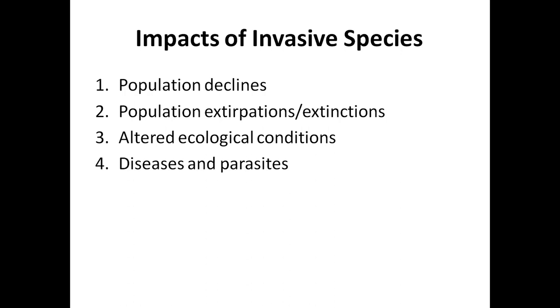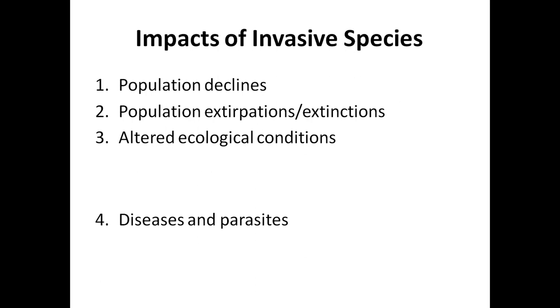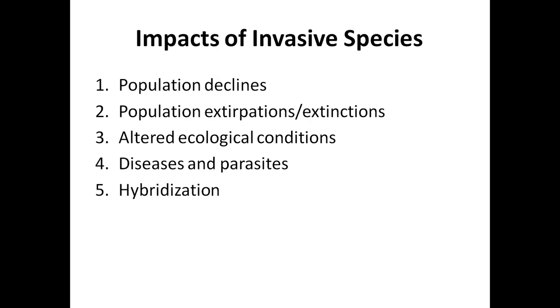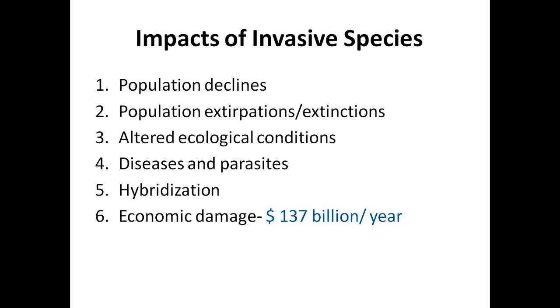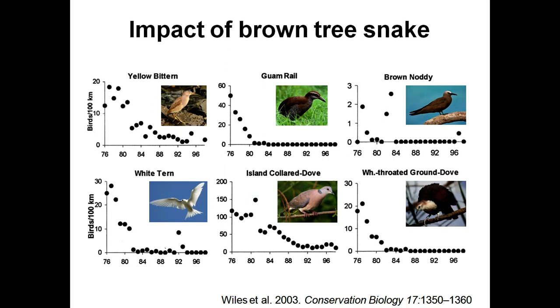In other cases they introduce diseases and parasites, and in some rare cases they interbreed with closely related native species and eventually replace the native through hybridization. More importantly, they can cause economic damage of more than $100 billion per year. I'm not going into details. I'm going to let you explore the impacts of invasive species, but I would finish the lecture with this.